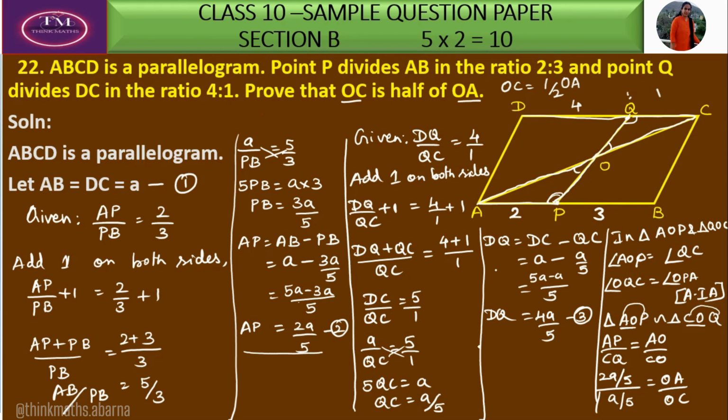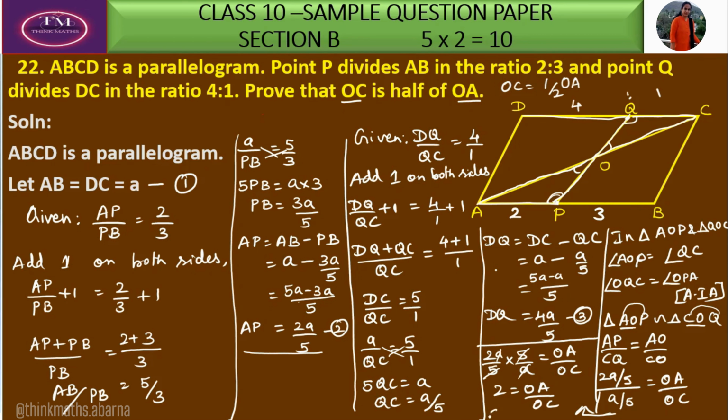So now let me do the calculation here. So 2A by 5, and this A by 5, when I write it as a product, it will invert. So A by 5 will become 5 by A, which is equal to OA by OC. So 5 gets cancelled, A gets cancelled, and only 2 remains. 2 is equal to OA by OC.